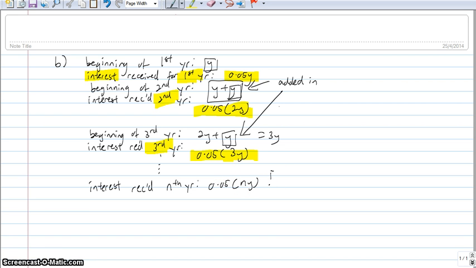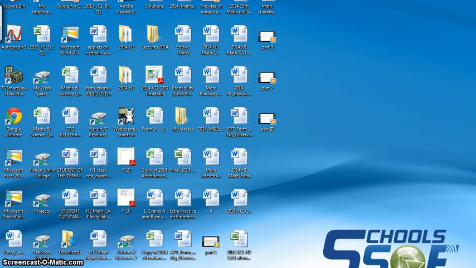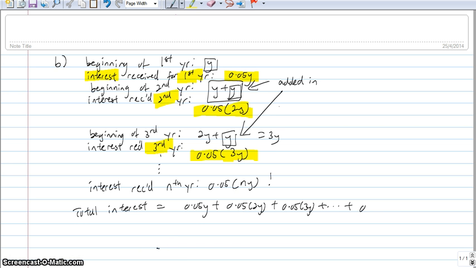So show that at the end of n years, she received a total of 1 over 40 n times n plus 1 Y. So that means total interest after n years will be 0.05Y plus 0.05 times 2Y, the interest at the second year, plus 0.05 times 3Y at the third year, plus all the way to the last one, which you expect to be 0.05 nY.